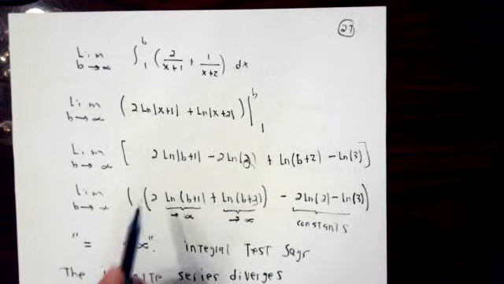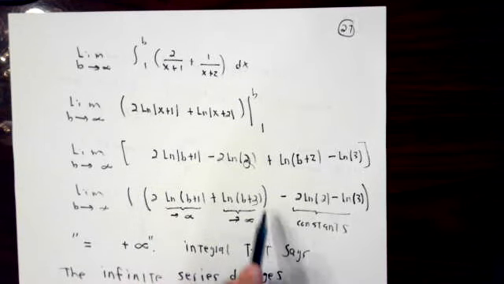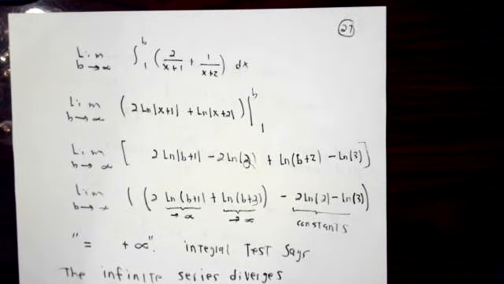I'm just saying this quantity, as b becomes large, minus a constant, this limit, to use horrible language, equals plus infinity. This limit doesn't exist. This limit diverges. The infinite series that we started off with diverges because of the integral test.